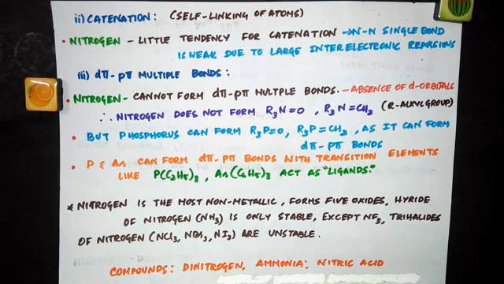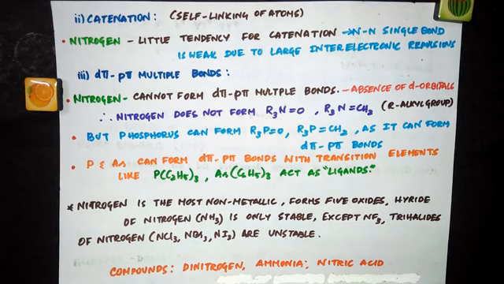The elements of group 15 also show the property of catenation, but to a small extent, not like carbon. Among all the members, phosphorus has the maximum tendency for catenation, and nitrogen has little tendency for catenation.